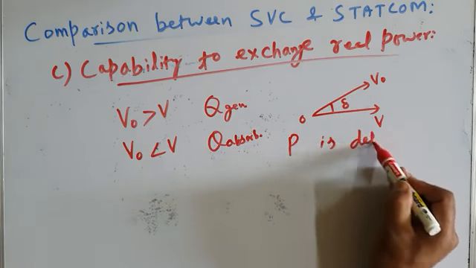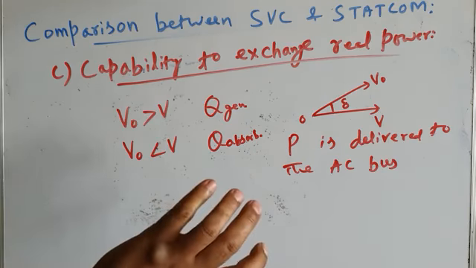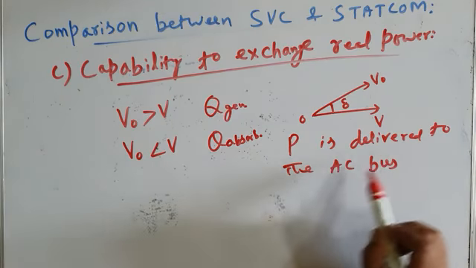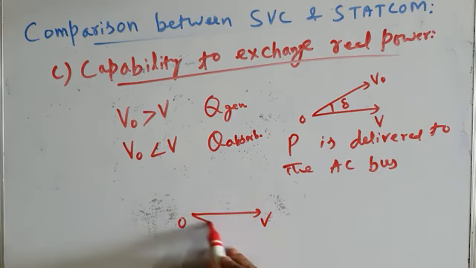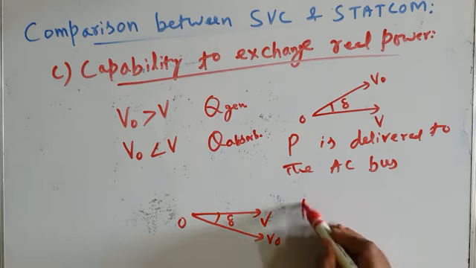That means if you have an energy storage at the DC bus of the STATCOM inverter, it will take that energy from the storage, convert that DC energy into AC energy, and deliver that power or energy to the AC bus. On the other hand, if your controller makes the STATCOM output voltage lag behind the bus voltage by angle delta, then P is taken or absorbed from the AC bus.